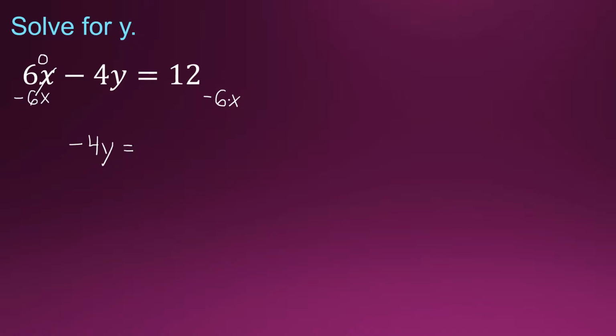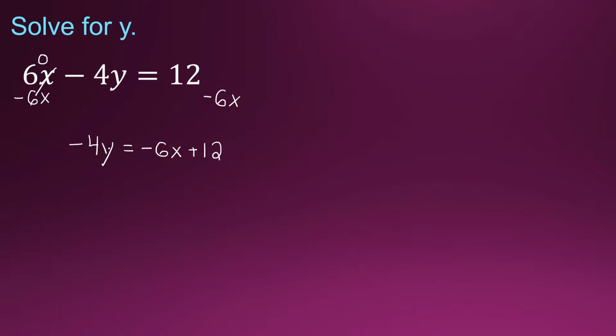Like we talked about in class, it might be easier to get into the habit of writing our variable terms first. So, since I was subtracting 6x, I'm simply going to write negative 6x, and because this is a positive 12, plus 12. Now I'm left with negative 4y equals negative 6x plus 12.